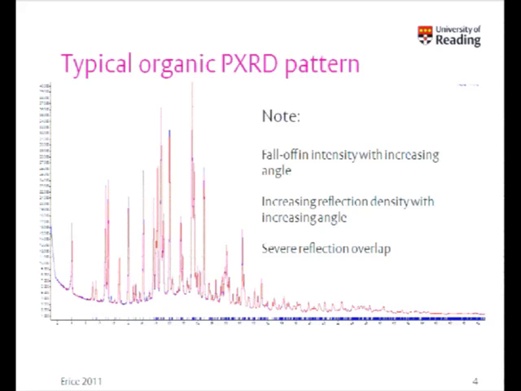The other thing that's notable is the increasing reflection density, as several of the speakers have pointed out. As we move from low angle up to high angle, these tick marks representing reflection positions get more and more dense, and you can see the overlap that Lynn spoke of, which gets particularly severe at high angle.